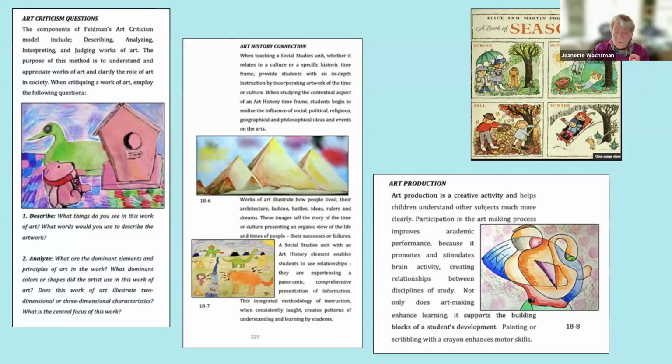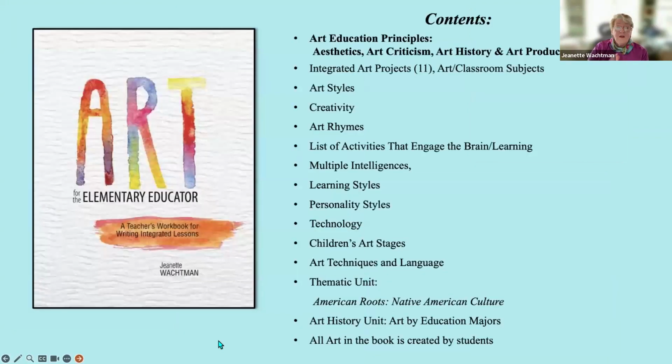Now, the book that I was mentioning, Art for the Elementary Educator, as you can see at the top, contains the 4 principles that we're talking about. It also talks about art styles. It has many art projects that are integrated. I taught my elementary students the elements and principles of art using rhymes.